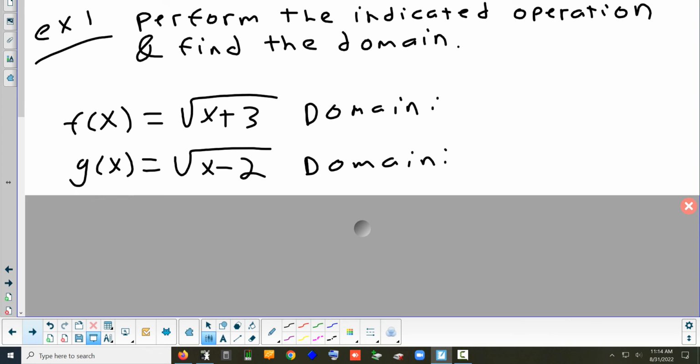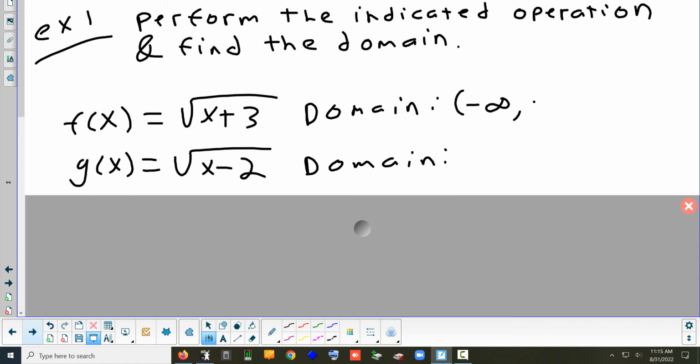What numbers are you allowed to plug in for x in f of x? Any number greater than, and including, -3. What about -2.5? That's okay. So it doesn't have to just be greater than or equal to -2. -3, yeah, it can be equal to.